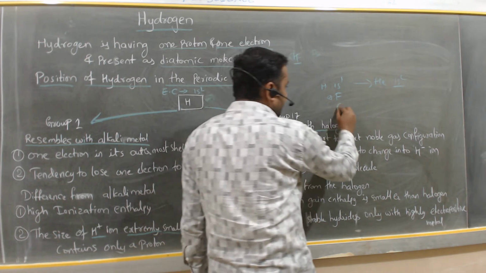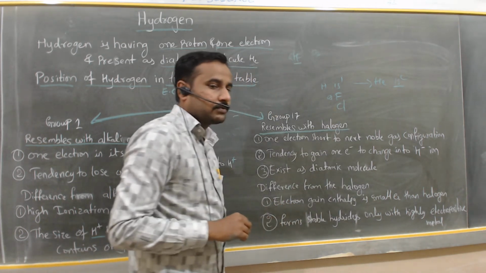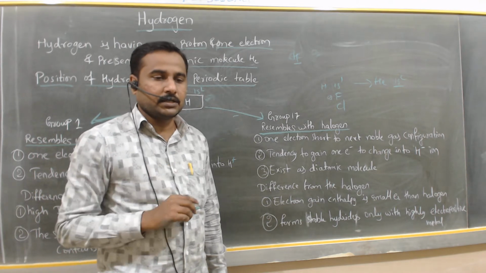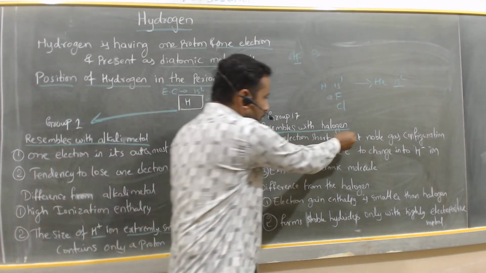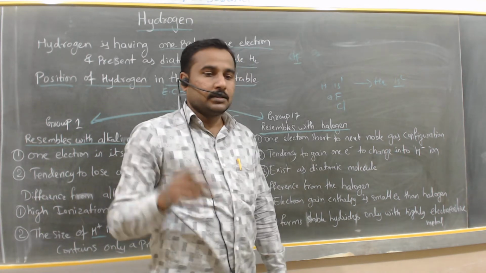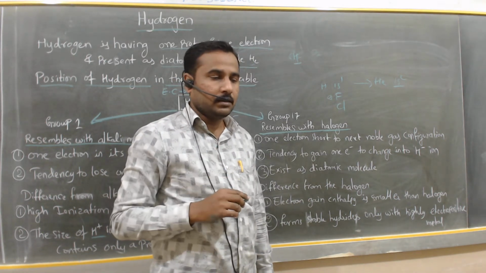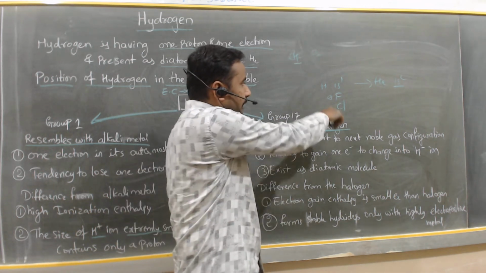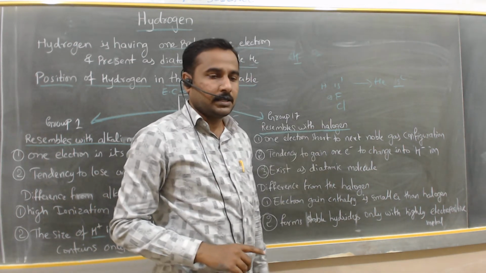Next, Cl, chlorine. This also requires one electron to complete its noble gas electronic configuration. Already you studied that the halogen groups require one electron to complete their noble gas configuration. That is the first similarity with hydrogen and the group 17 elements.